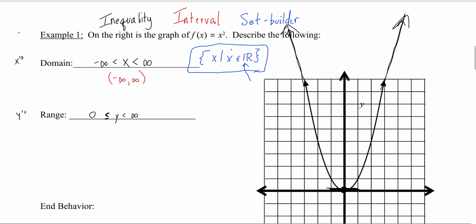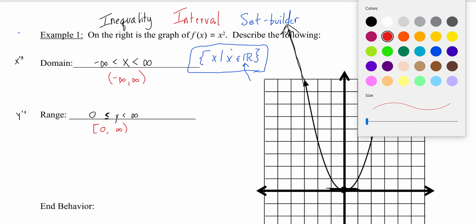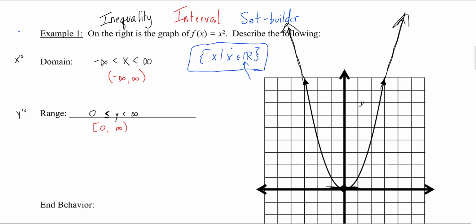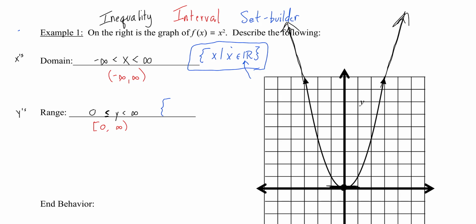We're going to put a bracket around 0 because of the or equal to symbol, and a parenthesis around the infinity symbol. And then finally, set builder: the range is all y values such that y is greater than or equal to 0.